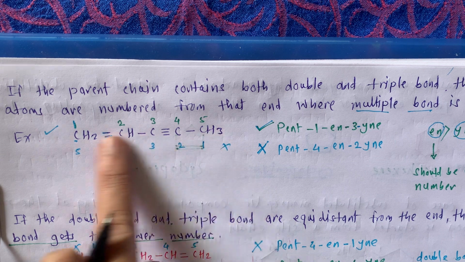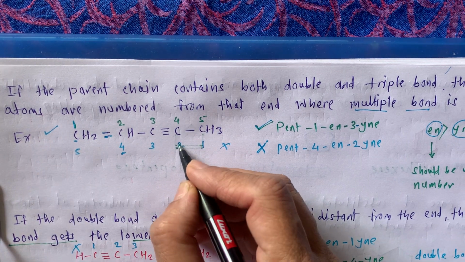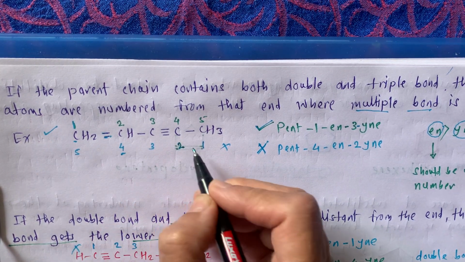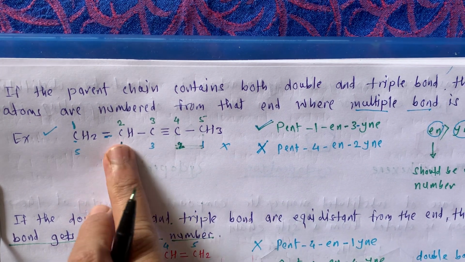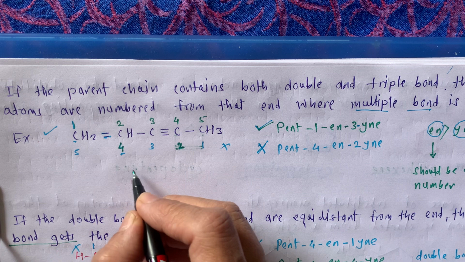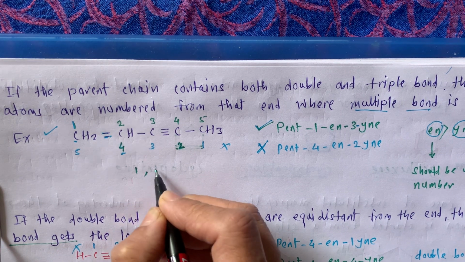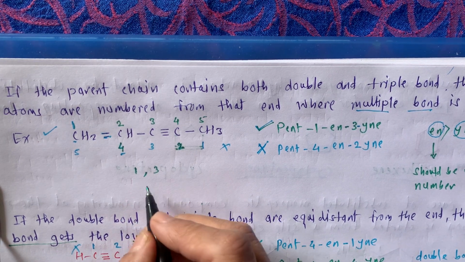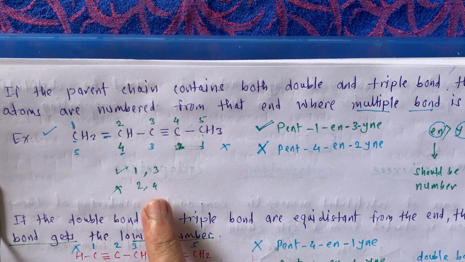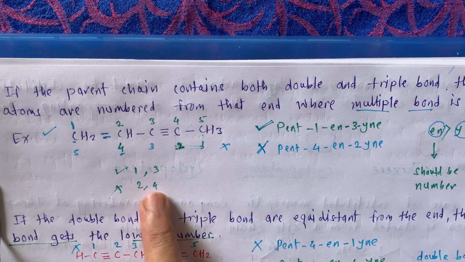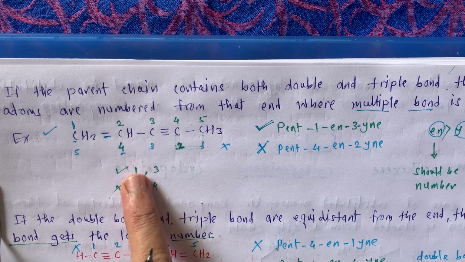But if you number the other way, the double bond comes on the second carbon and the triple bond on the fourth carbon. So this set of 1 and 3 instead of the set of 2 and 4 we have to select, not this one, because this is nearer.